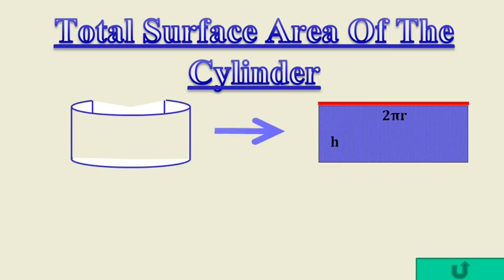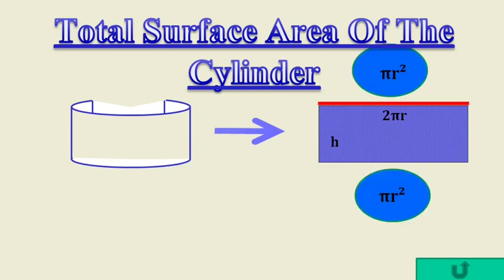So when we talk about total surface area of the cylinder, it doesn't consist of only the curved surface. It includes two circular surfaces, one from top and one from bottom. If you include these two circular surfaces in the curved surface area of the cylinder, they will give you the total surface area of the cylinder.